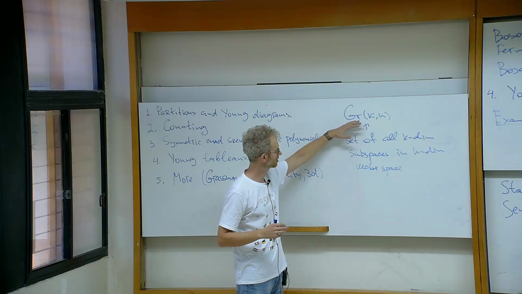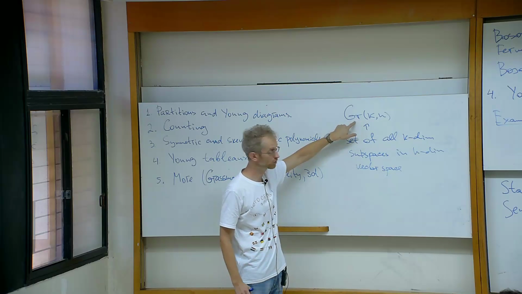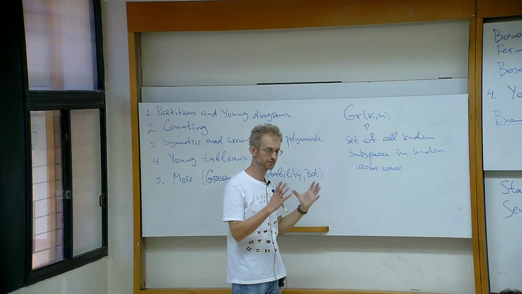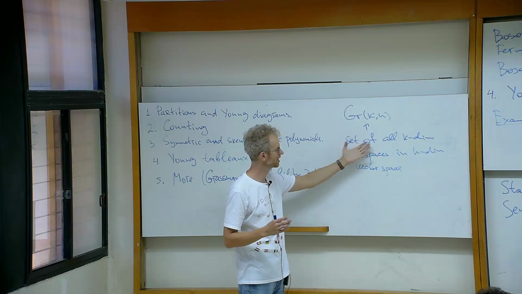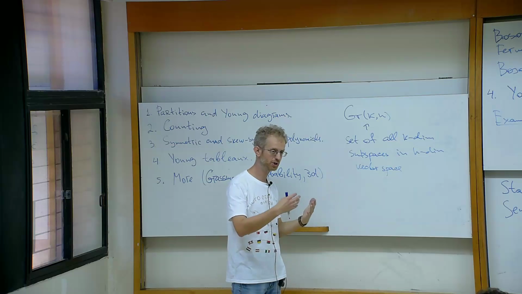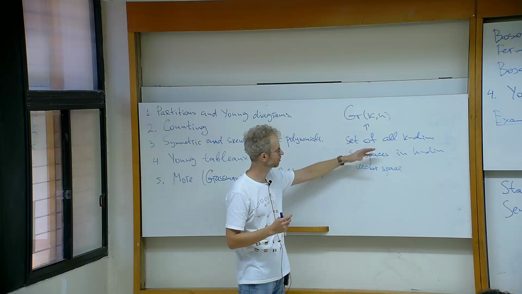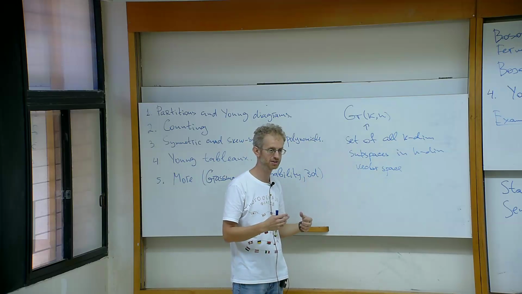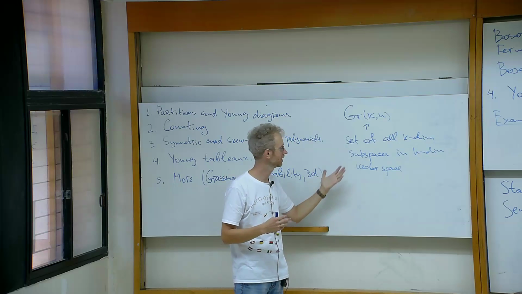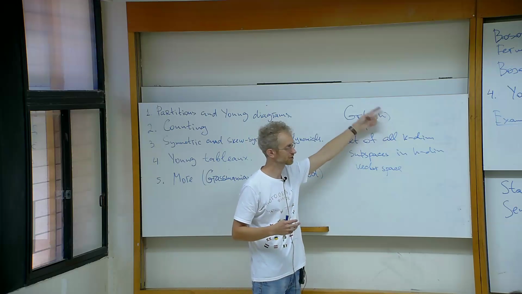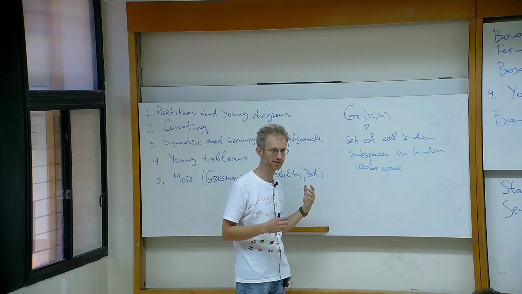And the tricky thing is that you can look at this as a variety. So far we said that we are looking at subspaces, but actually you can think of each subspace as a point in some variety. Then you can try to understand the structure of this variety.